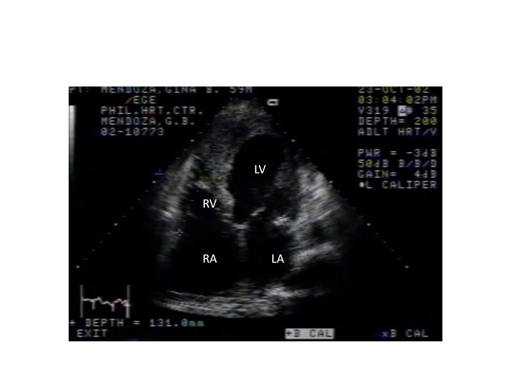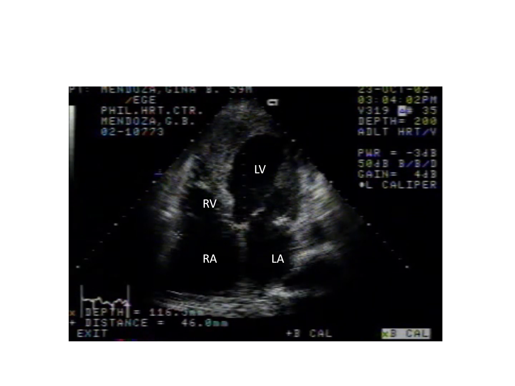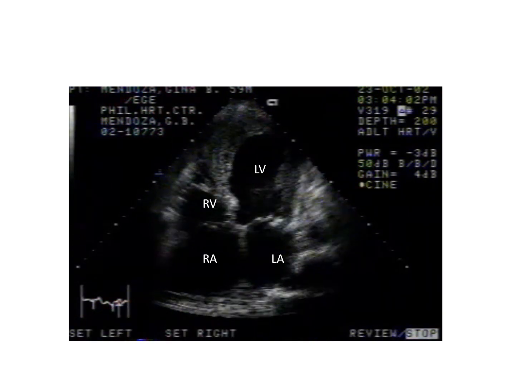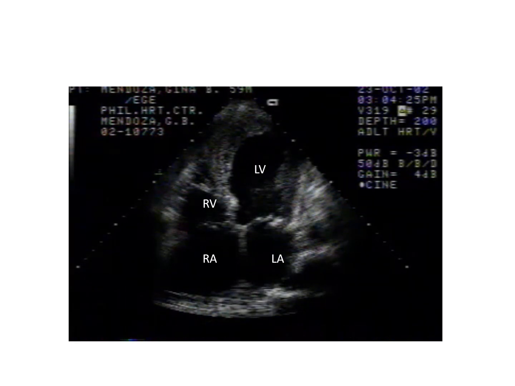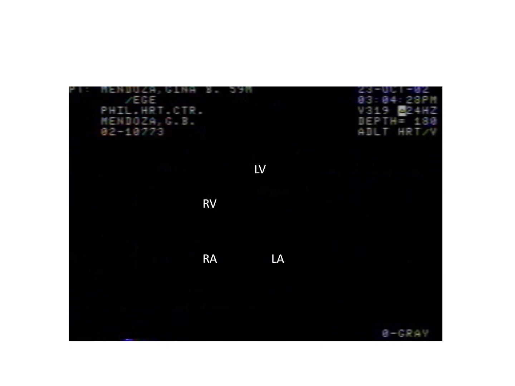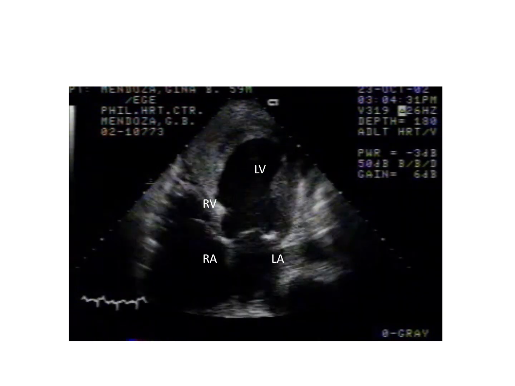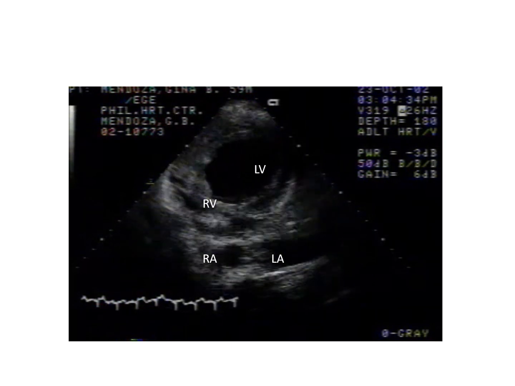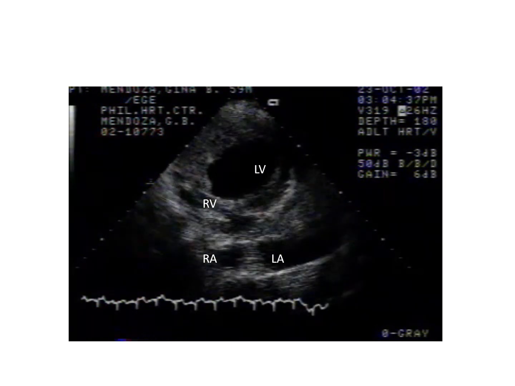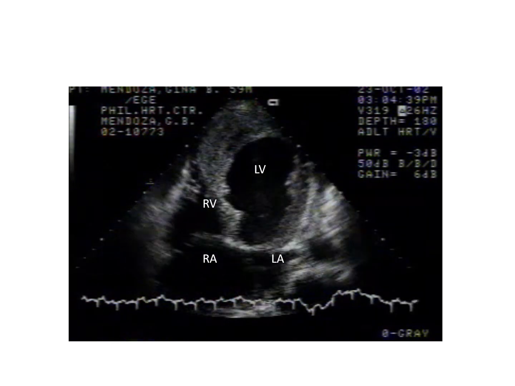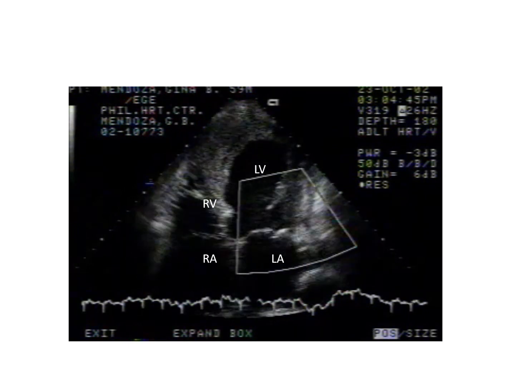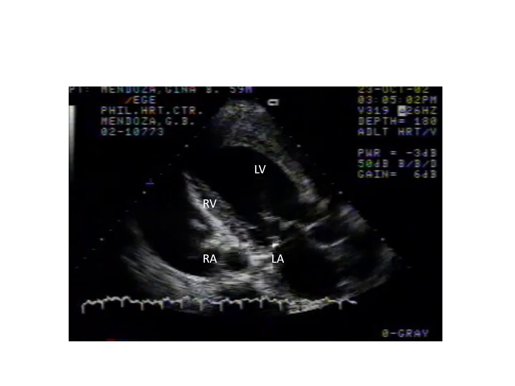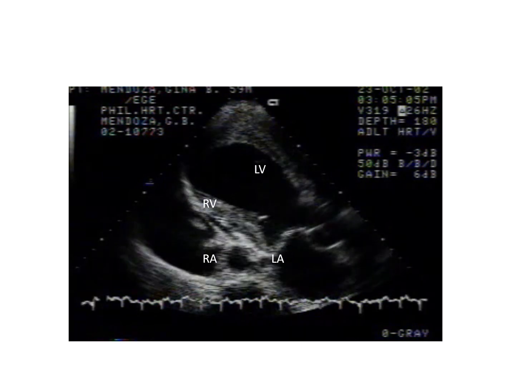When it is rounded like this sample of the 2D echo image, the apex is supposed to be the smallest part of the LV cavity so that it will allow a better ejection of the blood towards the base, because the aorta is towards the base of the left ventricle. And so a widened left ventricular cavity is a poorly functioning left ventricle.